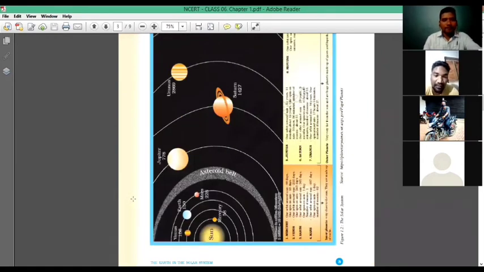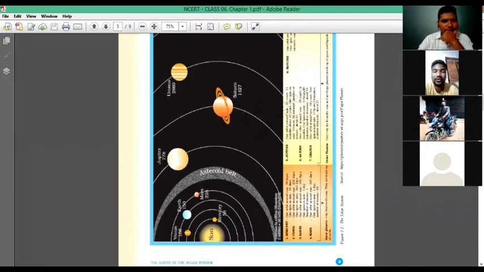Here, between Jupiter and Mars, there is a thick line called the asteroid belt. This is the asteroid belt, where small celestial bodies are there. And a meteoroid is a very small piece of rock.